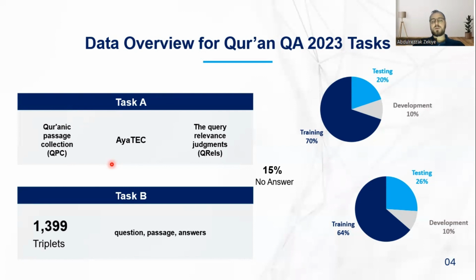In both datasets, we have about 15% no-answer records. In task A, the split was 70% for training, 20% for testing, and 10% for development. And in task B, it was 64% training, 26% testing, and 10% development.